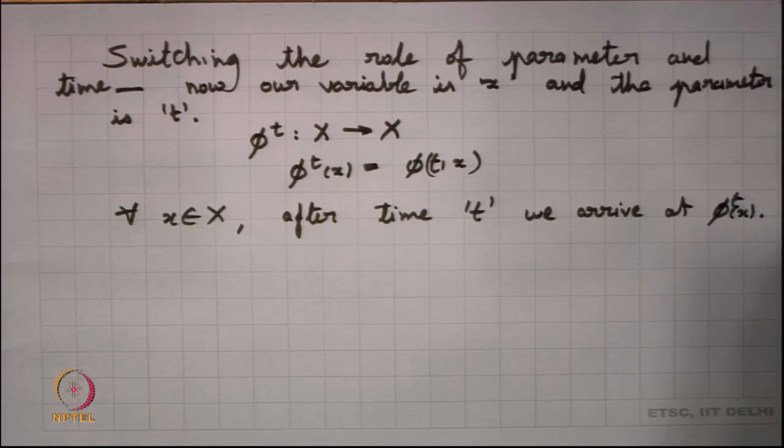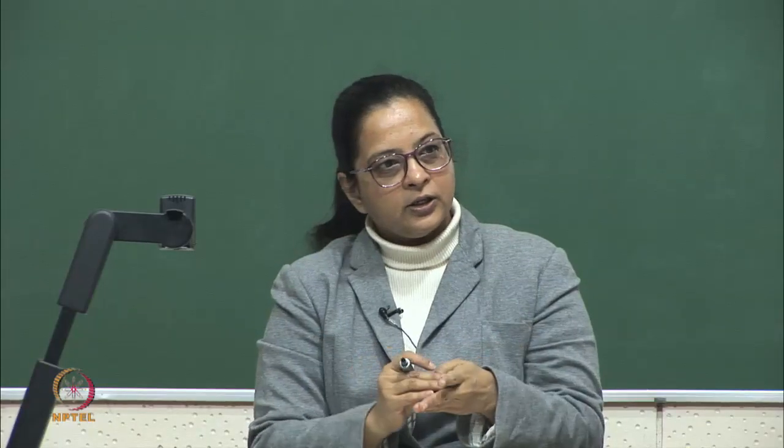So, now we are looking into the system not in a continuous manner, but in jumps of time t, because now if I want to look into what happens to phi t of x, then after t instant of time, phi t of x goes to, I can say, the iteration of it, phi t composite phi t of x.